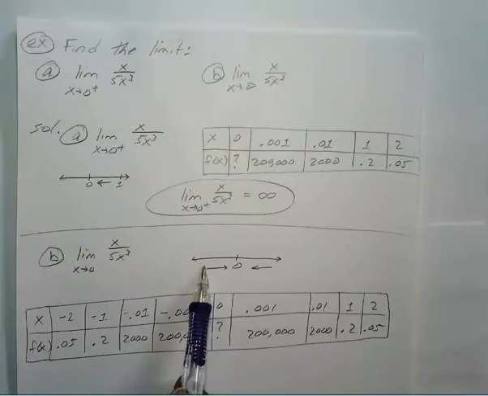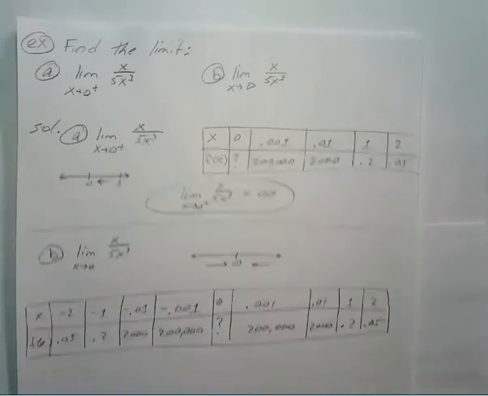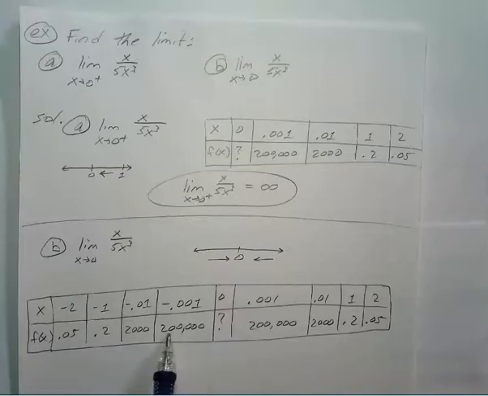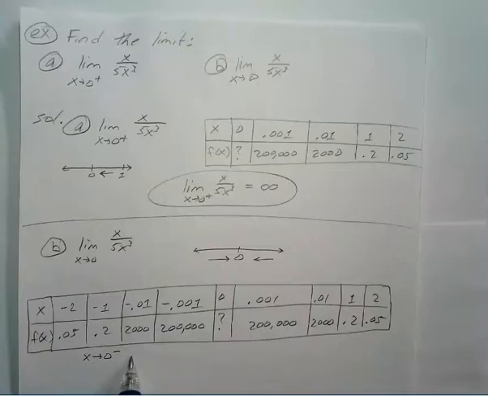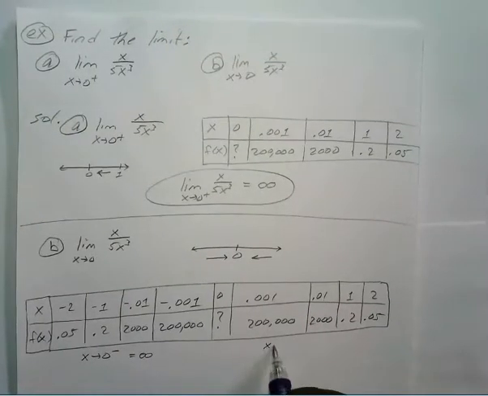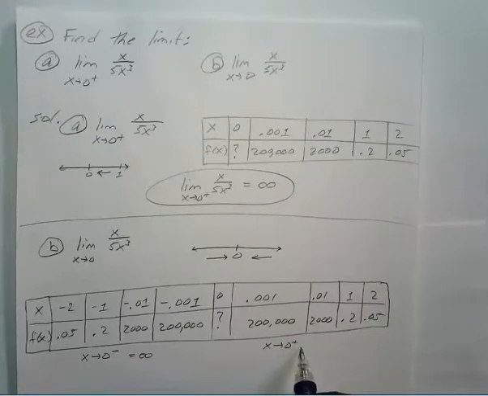So whether you're approaching from the left or the right, you get the same numbers getting bigger and bigger. So x approaching 0 from the left is infinity, and x approaching 0 from the right is also infinity.